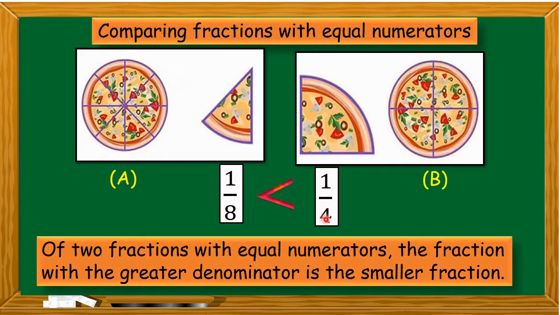So from this we can conclude that, as you can see here, both the fractions have same numerator but different denominator, and the fraction with larger denominator is the smaller fraction. So when we compare the fractions with equal numerators, the fraction with the greater denominator is the smaller fraction.